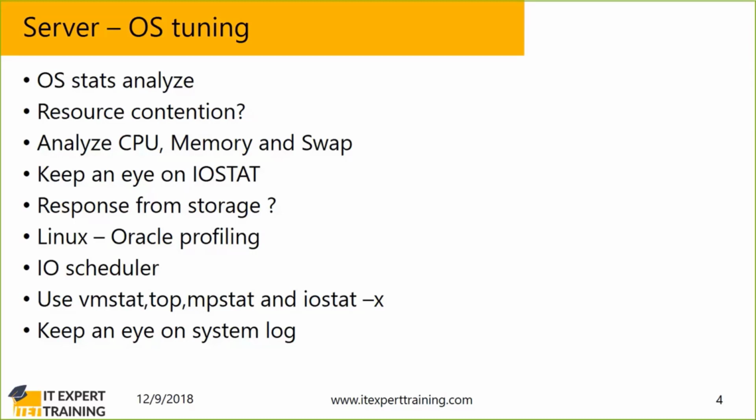Another thing is to keep an eye on iostat. This is quite interesting, because when you have a mixed environment with a large number of databases running, ideally the storage would be shared storage. If it is shared storage, we will not be able to track the exact cause of the issue.